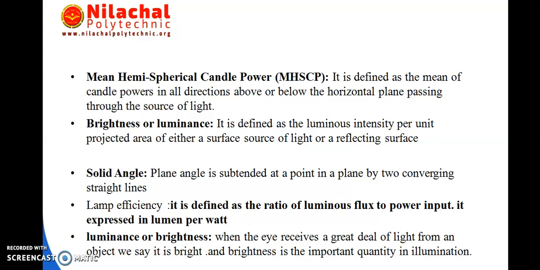We can say luminance and brightness. Brightness means when the eye receives a great deal of light from an object, we say it is bright, and brightness is an important quantity in illumination.